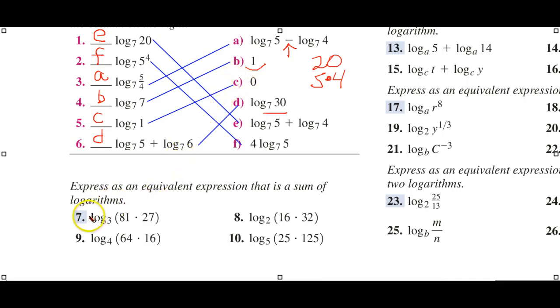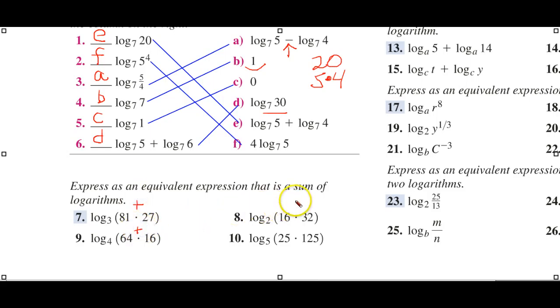Now what we'd like you to do is to show these as equivalent expressions, that is a sum of logarithms. So anytime we have multiplication, this is going to indicate addition here.